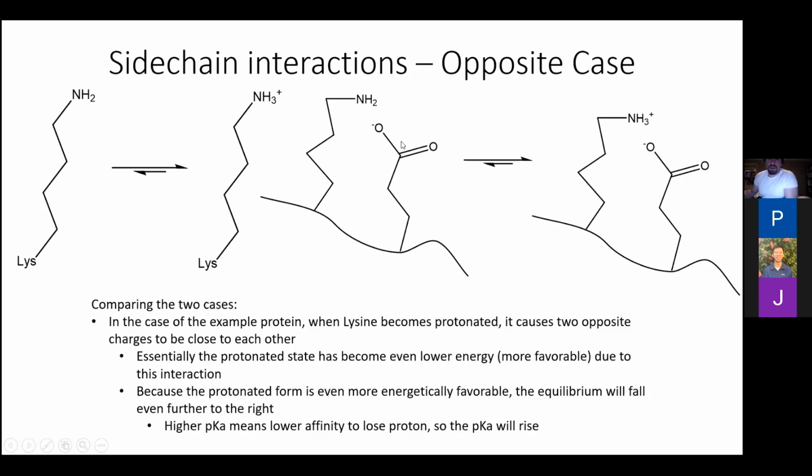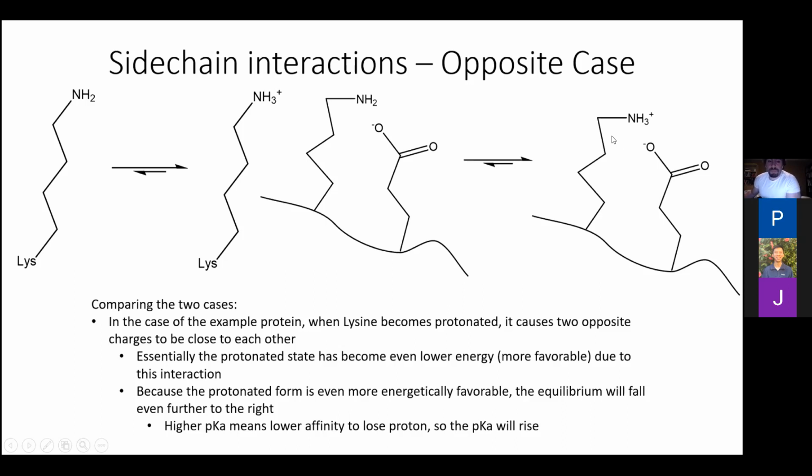Relative to the base case of it just being a solo amino acid, in the charged form, the protonated form of lysine, you now have a positive charge that is right next to a negative charge. This lowers the energy of the protonated form, which makes it more favorable.